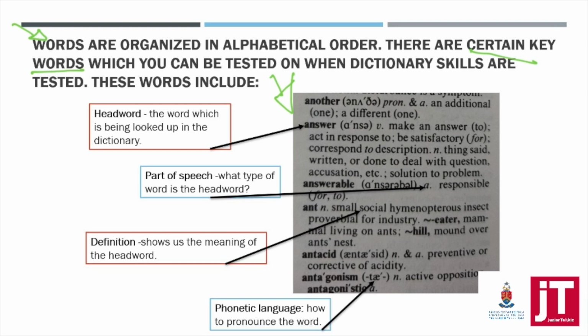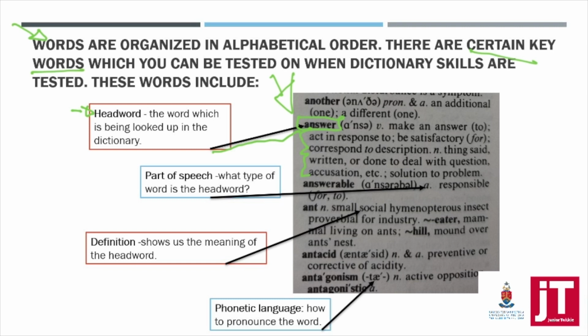Okay, and that's where we will get tested when your dictionary skills are being put to the test. Okay, so certain words that we need to look out for include the head word. Okay, and this is the word which is being looked up in the dictionary. Okay, so over here, if we follow the arrow, comes to the word answer, and that is absolutely correct. Okay, answer is the head word of all of this information.